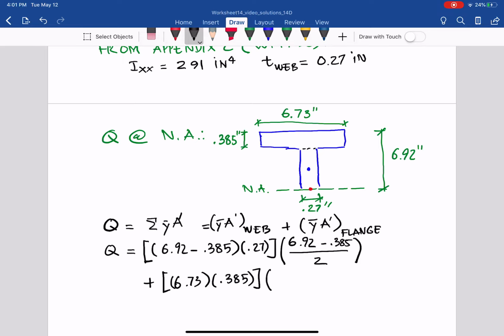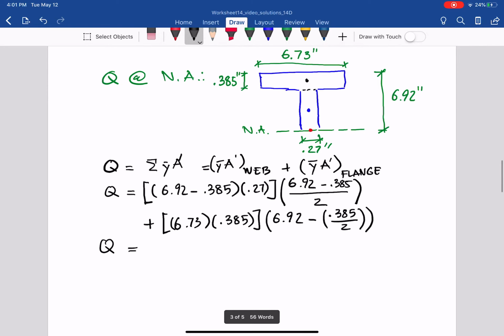And then the distance from the neutral axis here to the centroid of the flange, that centroid of flange is equal to 6.92 minus half of the thickness, 0.385 over 2. And from that one we can have Q for NA.